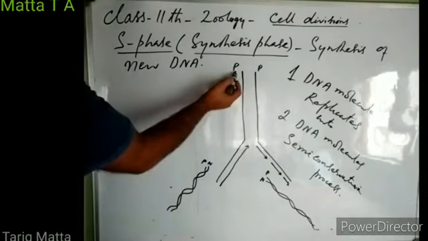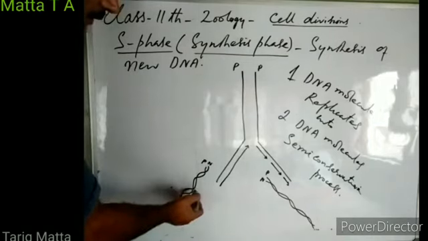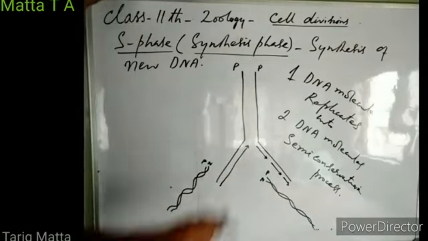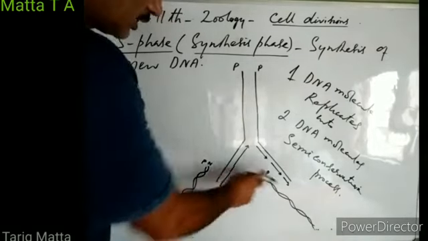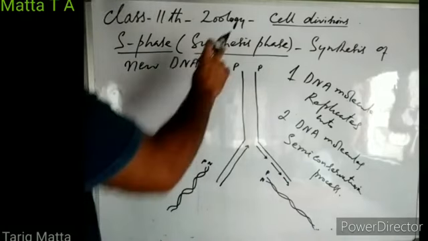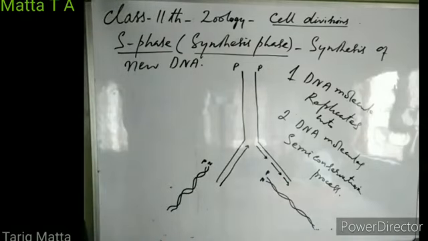On this parental strand, a new DNA strand will be formed. On this parental strand, a new DNA strand will be formed. So from a single DNA molecule, two DNA molecules are produced. So this happens in the S phase of the cell cycle, synthesis phase. In this, there is replication of DNA.